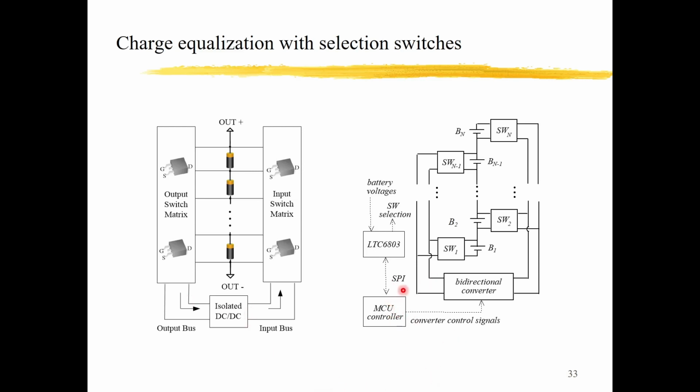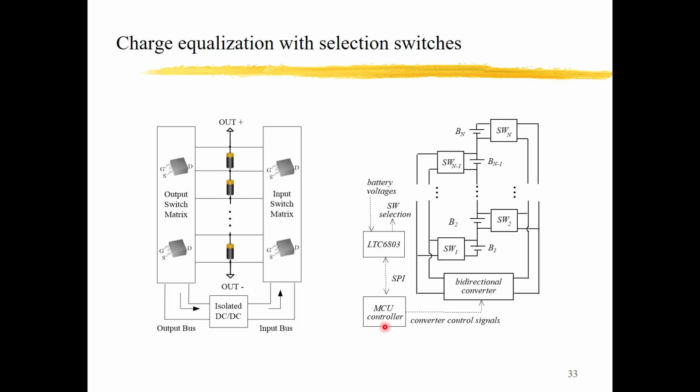I myself have done charge equalization of battery strings for a while, and at first, I thought we had to reduce the number of switches inside the charge equalization circuit.